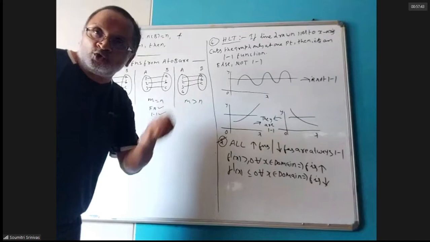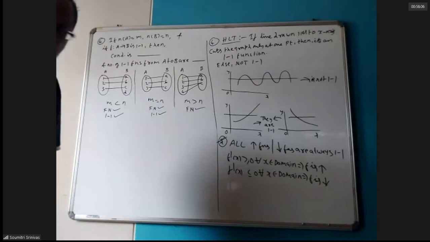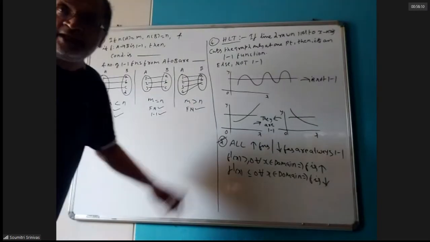You should get some juice. This will not be a function. So by force, what I'll do is: is this a function? Yes. Is it 1-1? No. Distinct elements are having the same image.